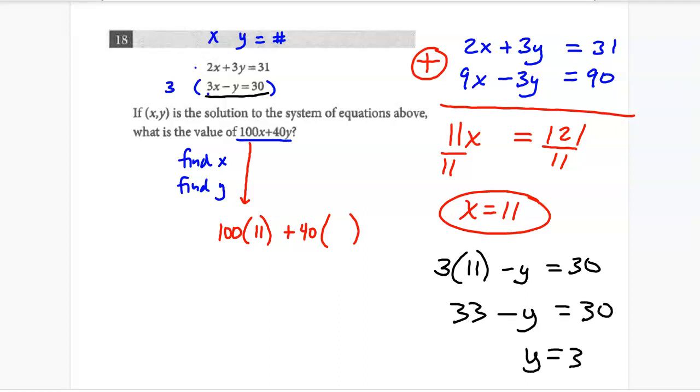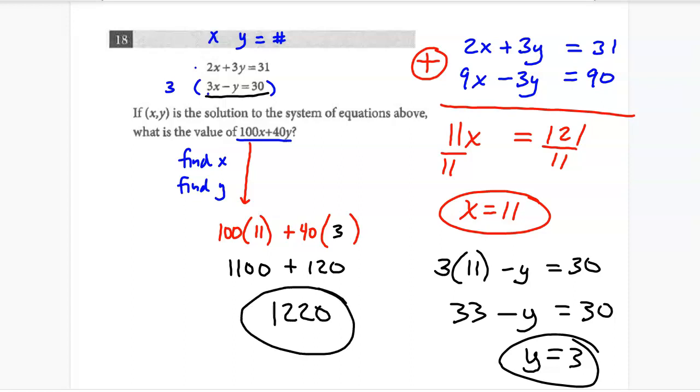That means that y equals 3. And when I plug the 3 in here, let's try to get the final answer. So this is 1100 plus 120, which is 1,220. Sounds like a scary answer, like it's a little bit big, but it should be the right one.